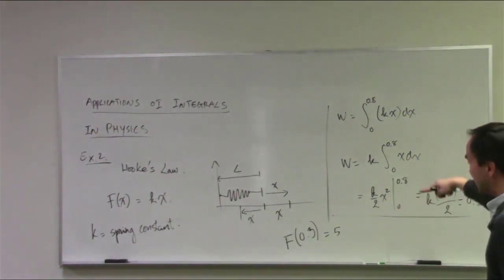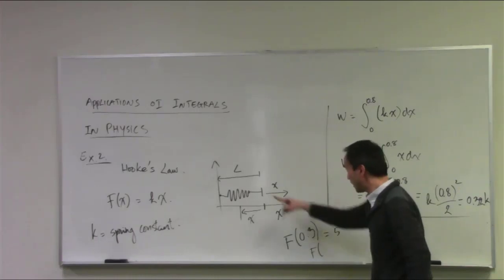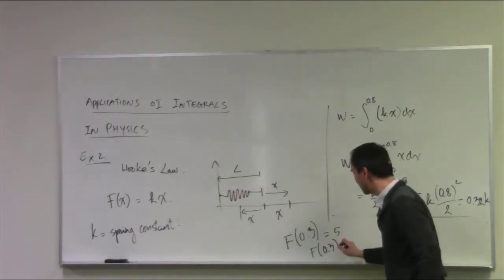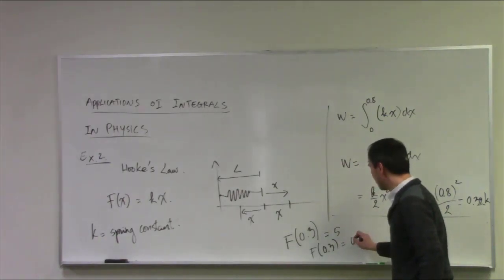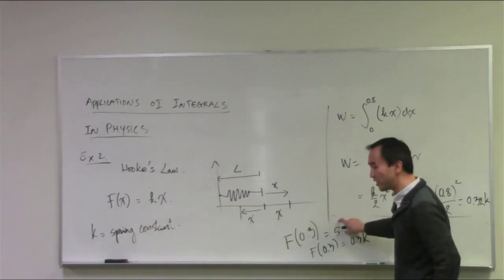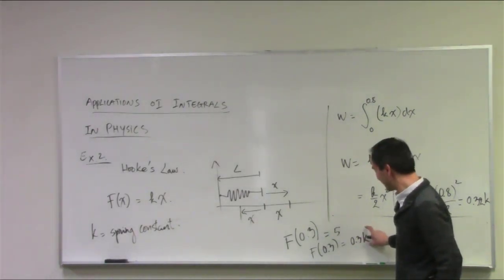But on the other hand, according to Hooke's law, F of 0.3 must equal 0.3 times k. This first value is known information from the experiment, and this one is according to Hooke's law.